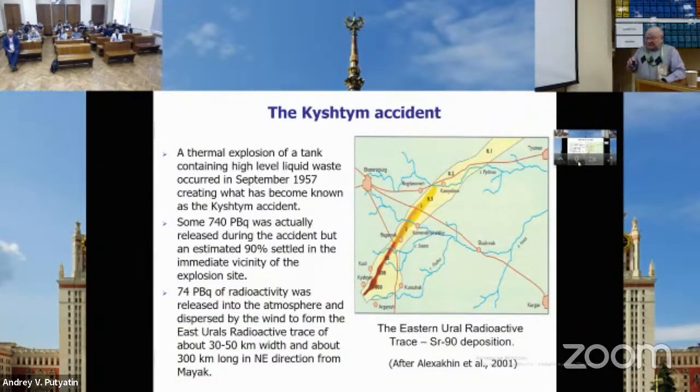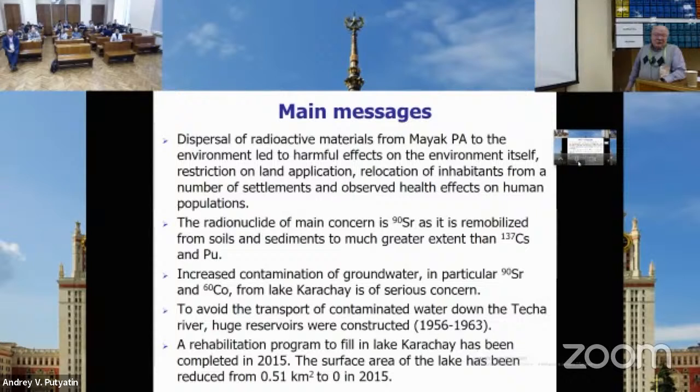this explosion. Okay, main messages about Mayak and the Kyshtym accident. Dispersal of radioactive materials from Mayak to the environment led to harmful effects on the environment itself, restriction on land application, relocation of inhabitants from a number of settlements, and observed health effects on human populations.